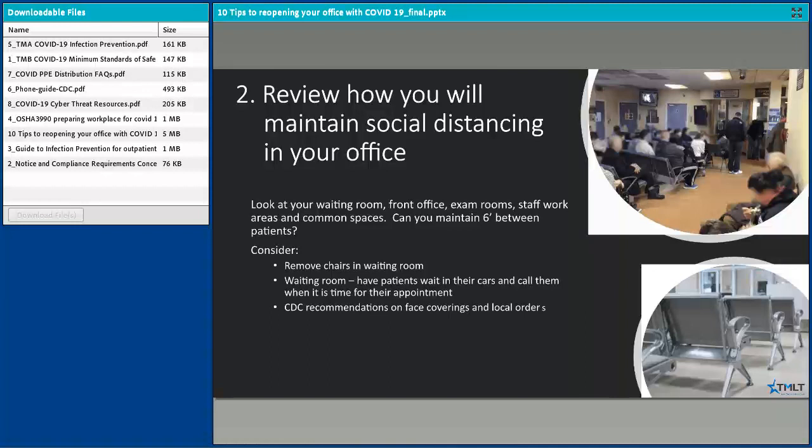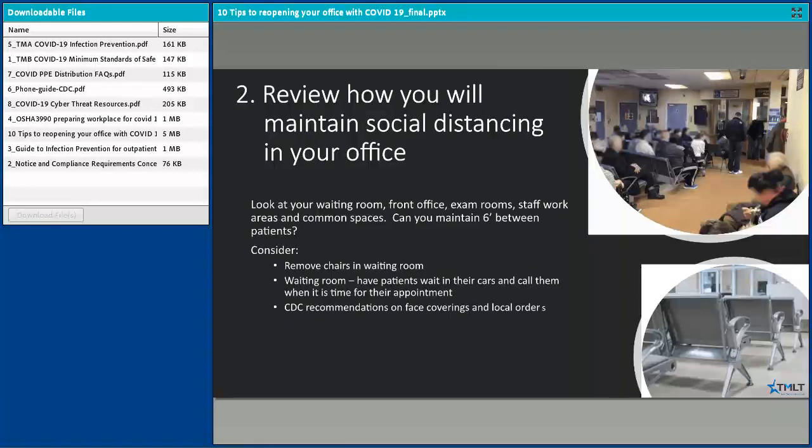In the waiting room, if your waiting room typically looks like the picture on the upper right-hand side, clearly physical distancing is not possible. Is it possible to move some chairs out of the waiting room?